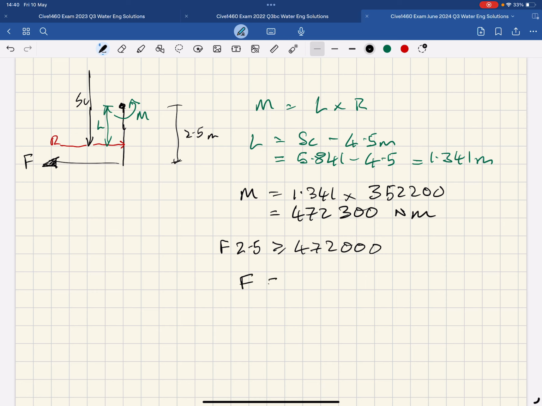So F has got to be greater than 472,300 over 2.5, which equals 188,920 newtons. And that's the answer. That's the force required to open the gate.